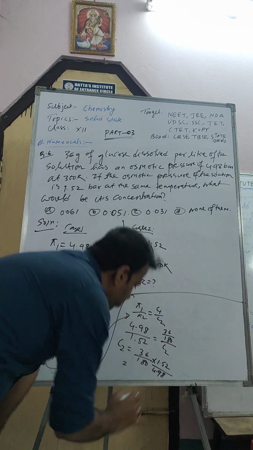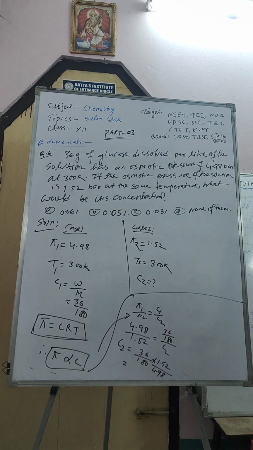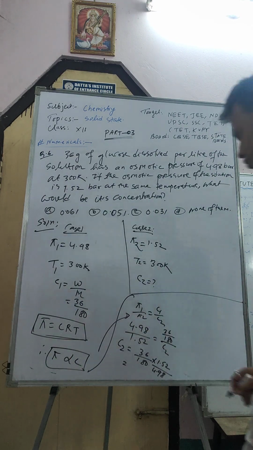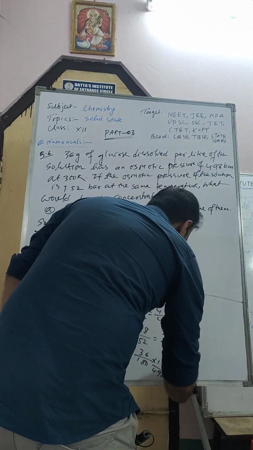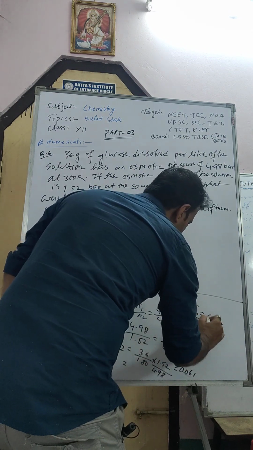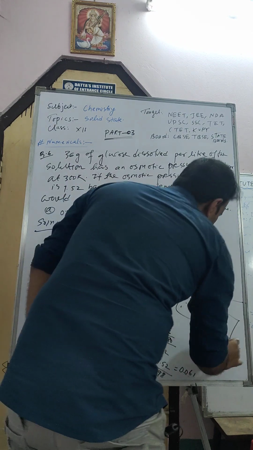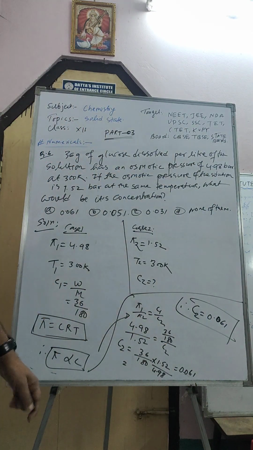If you divide here, the answer will be 0.061. Therefore C2 will be 0.061. This is the concentration.